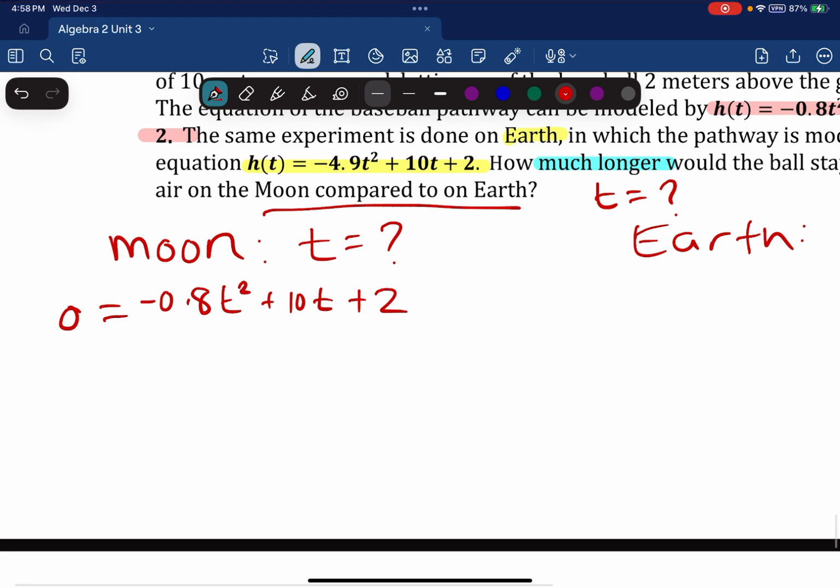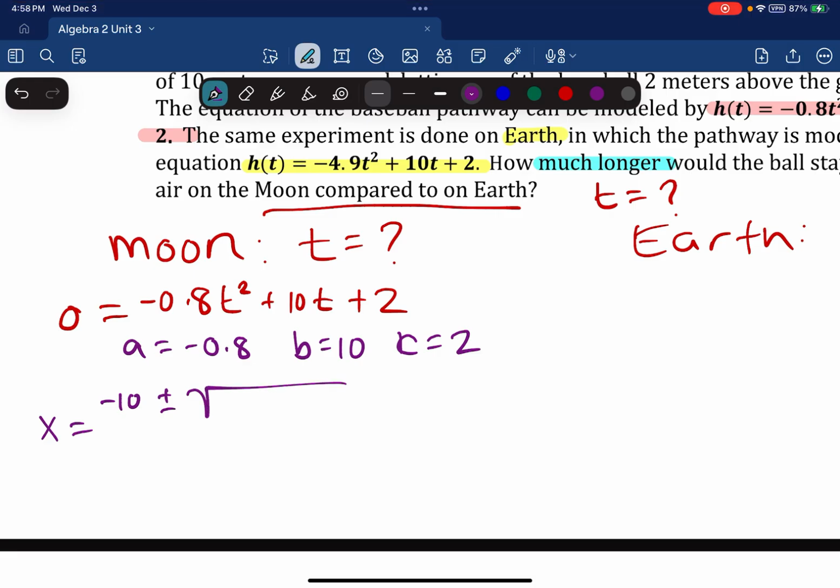And now we're going to use the quadratic formula to solve this. So x equals negative b plus or minus the square root of b squared minus 4 times a times c, all over 2 times a.